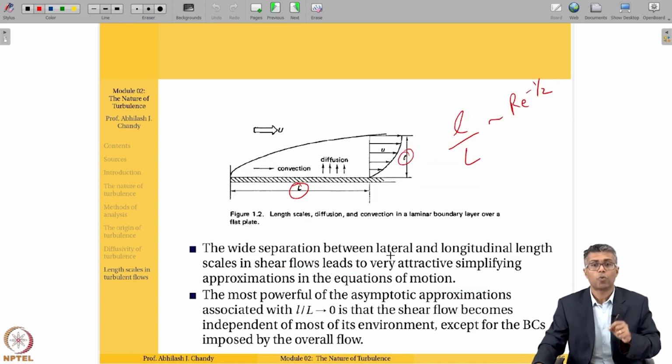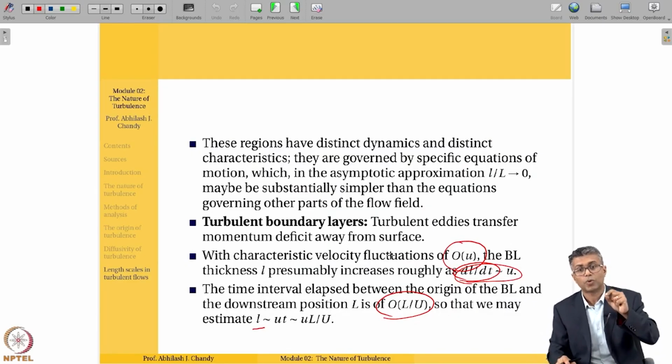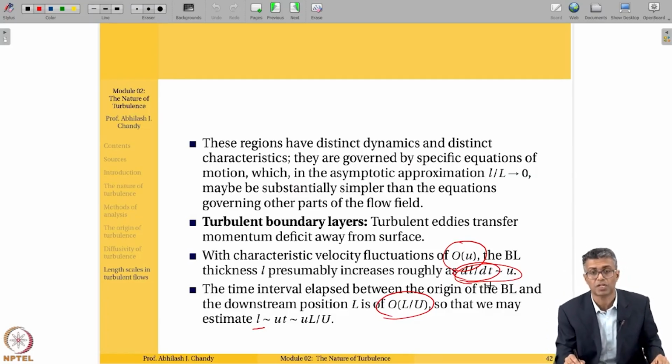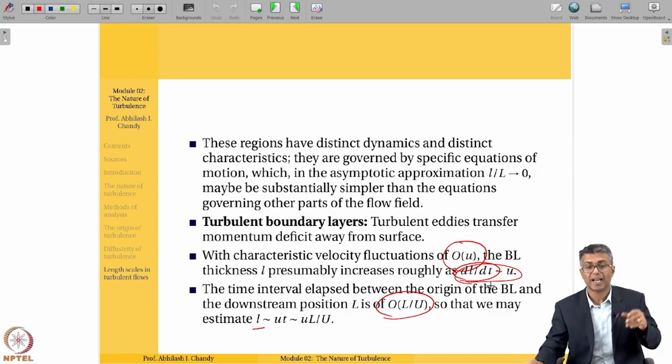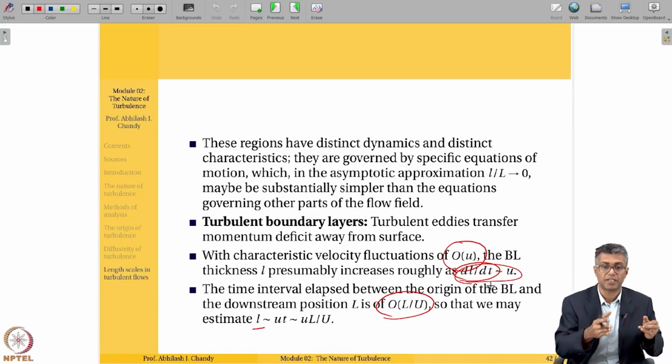If you now look at the turbulent boundary layer and the rate at which that l is increasing, it is a function of the velocity fluctuations, as opposed to a laminar flow where l is a function of nu t, the kinematic viscosity. That is what we have done in terms of the length scale.